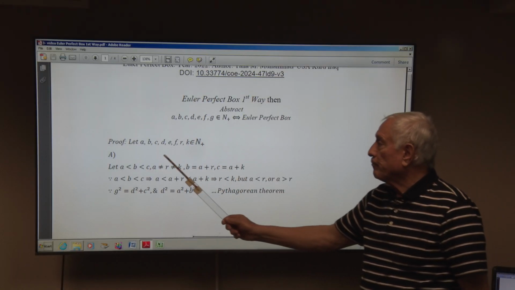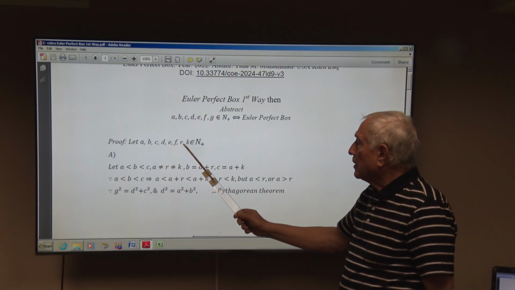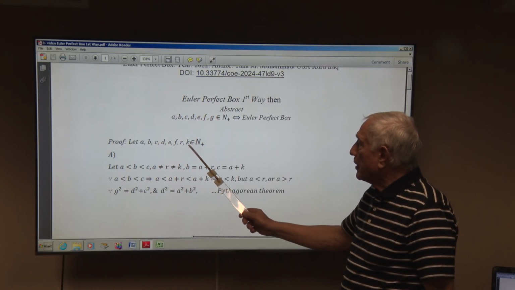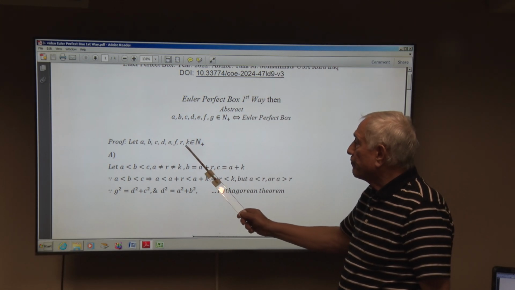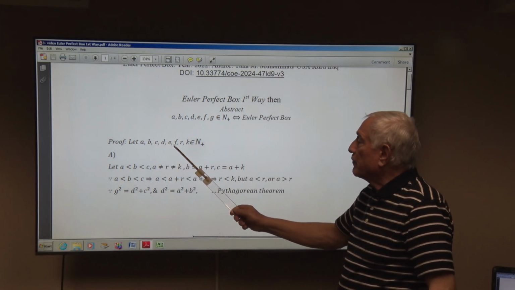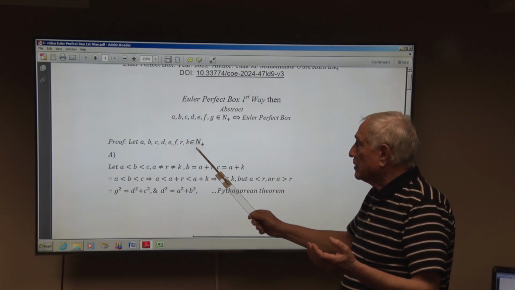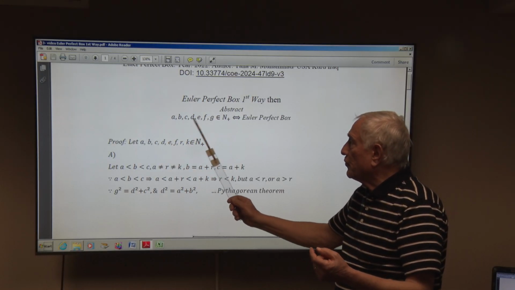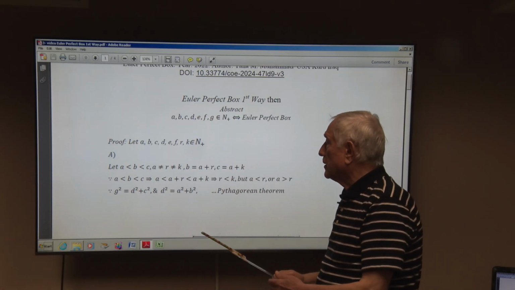Okay, let me start. Proof. Let all of those be integers. It does not include G, no G. Here I have A, B, C, D, E, F. I have two other letters I will use, R and K. Integers, no G. I need to prove G is an integer also.